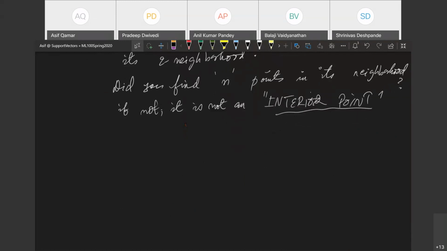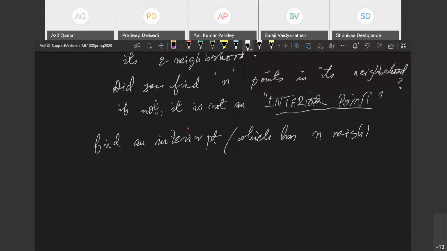Are we together? Then find an interior point. Sooner or later, you'll stumble across an interior point.